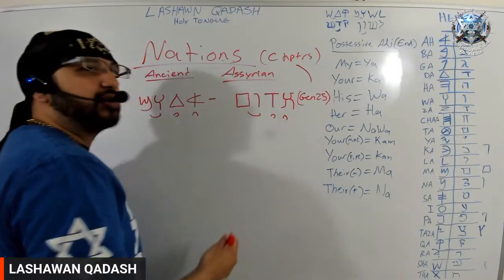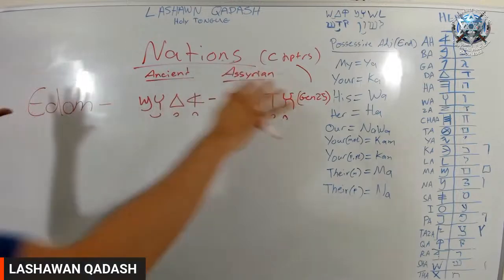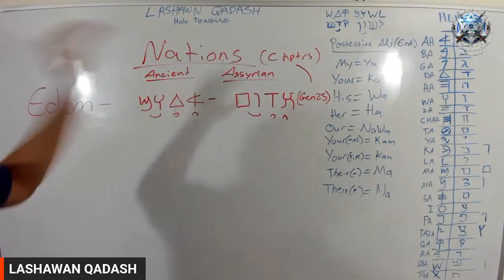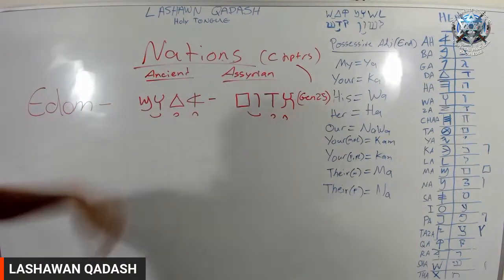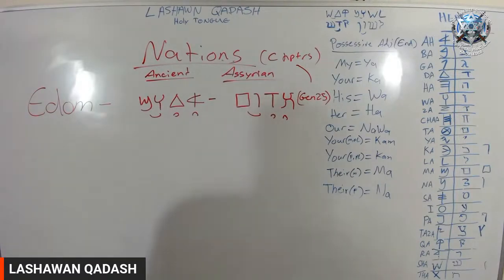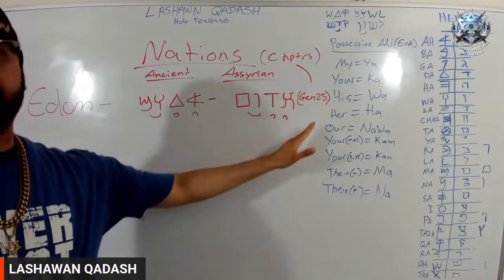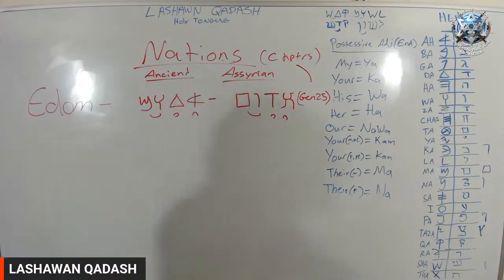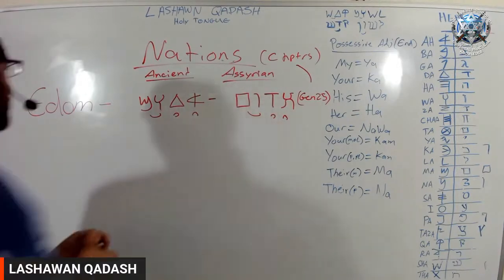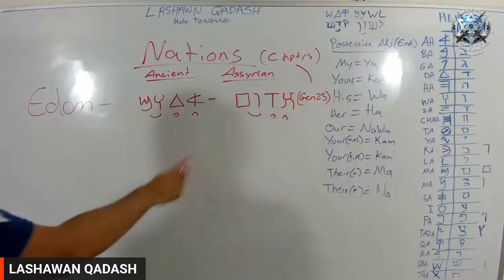So that you can go to the test and see what nation the Bible is starting to deal with, and then go to the origins of where that nation started by starting with the chapter that's mentioned on the right side. You understand? So we have Edom.